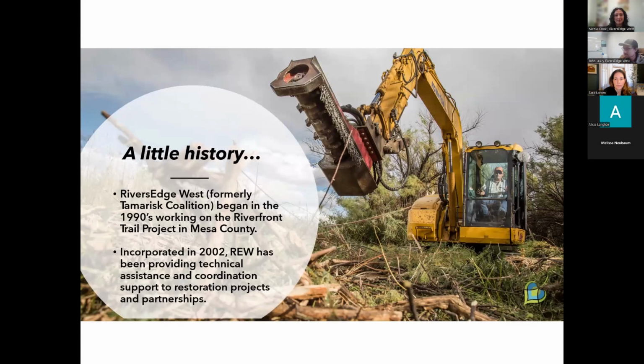We started as the Tamarisk Coalition around 1999, treating tamarisk on the Colorado River here in Mesa County. We grew over the years. We changed our name in 2018 to River's Edge West to reflect a more holistic approach to riparian restoration and to emphasize that we are not a coalition in support of tamarisk, which was a common mistake that we heard from.